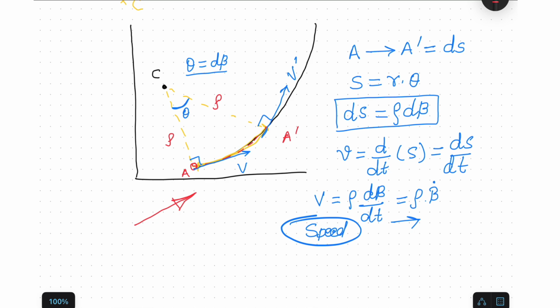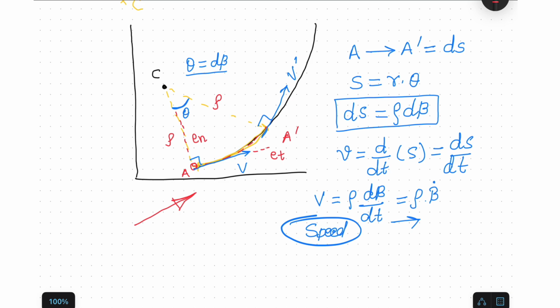So let's see, this is our vector v. We will say that this vector can be multiplied by the unit direction vector et in the tangential direction, and similarly for the n vector we can add en here.